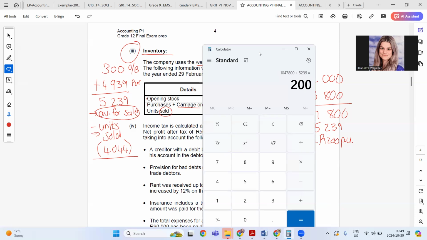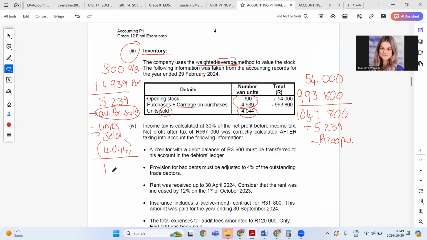So it was 5,239 minus the units that I sold, and that means I have 1,195 units in stock as the closing balance. Each one of these units is valued at 200 Rand.